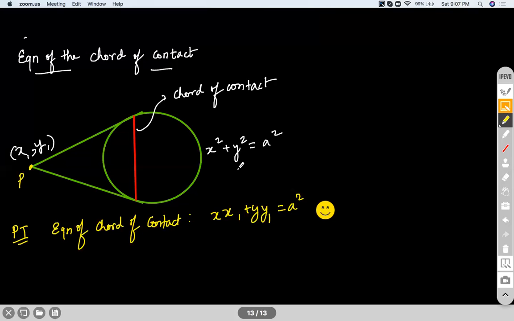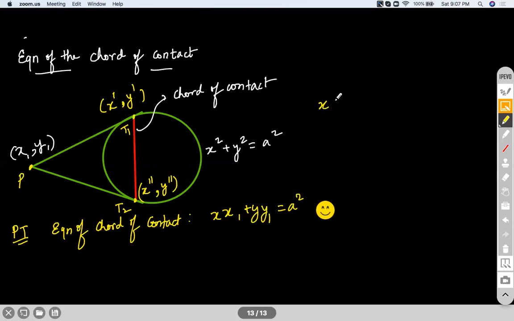Okay. See, this proof may surprise you also, because it's slightly tricky. Let's say this point is x dash y dash and this point is x double dash y double dash. Now, can I say this line, let me call it PT1, is like a tangent drawn at x dash y dash?